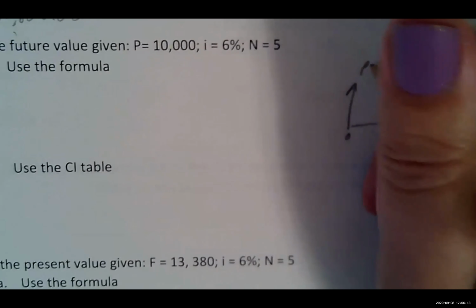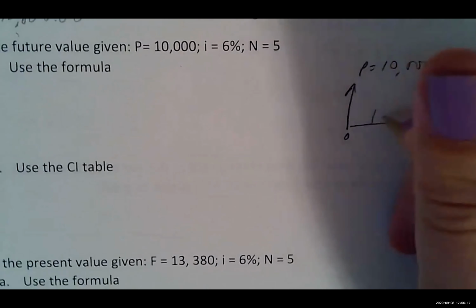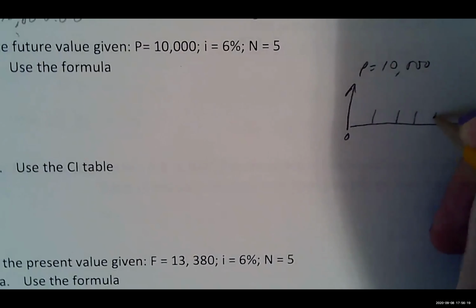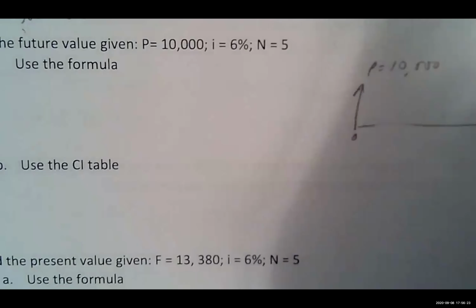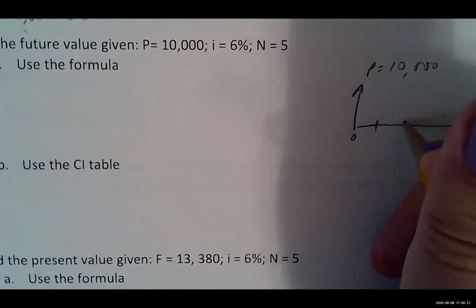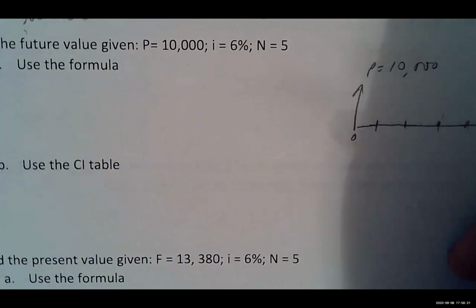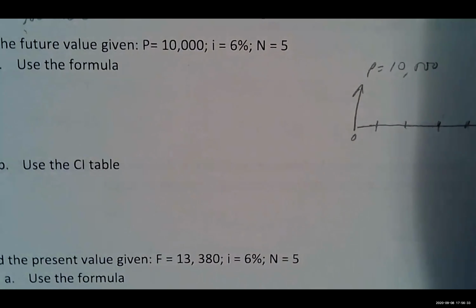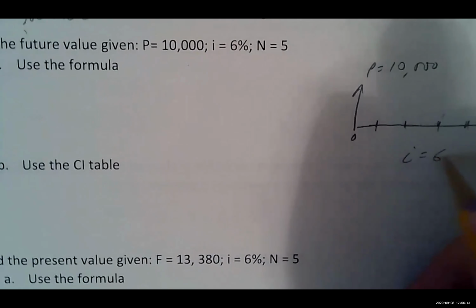And so P equals 10,000. Actually, we're not drawing any arrows. I was just doing those as tick marks, but I don't really want any arrows. I'll have them cross the axis. 1, 2, 3, 4, 5, 6. So at time 6, there'll be a future value equal to an unknown amount, and the interest rate is 6%.